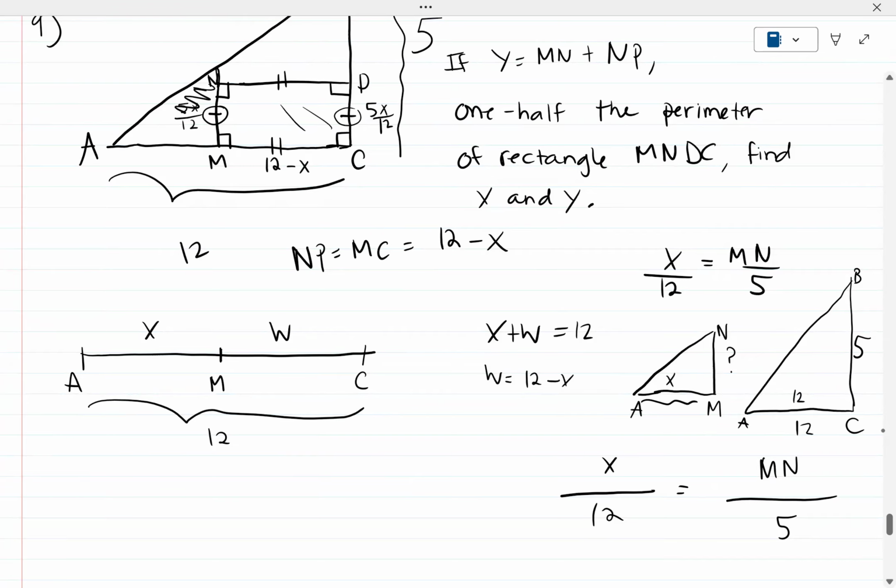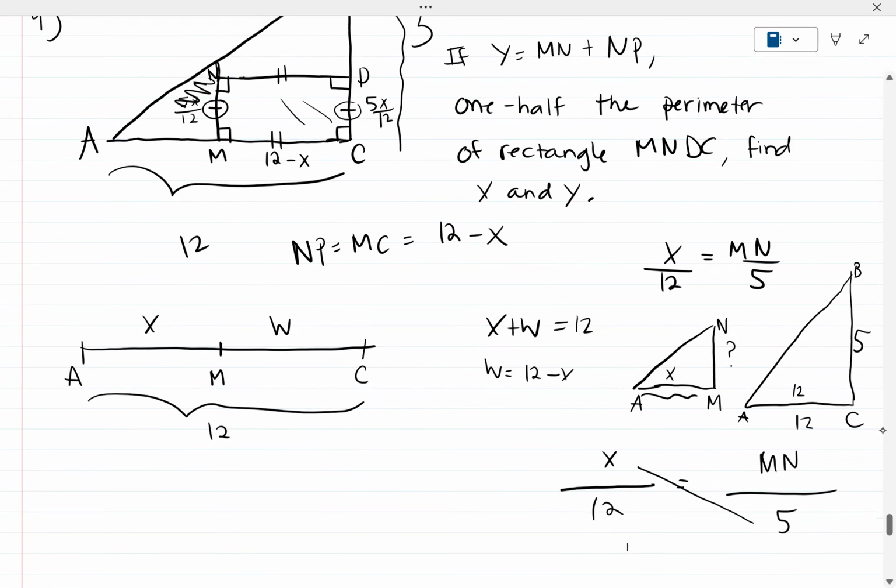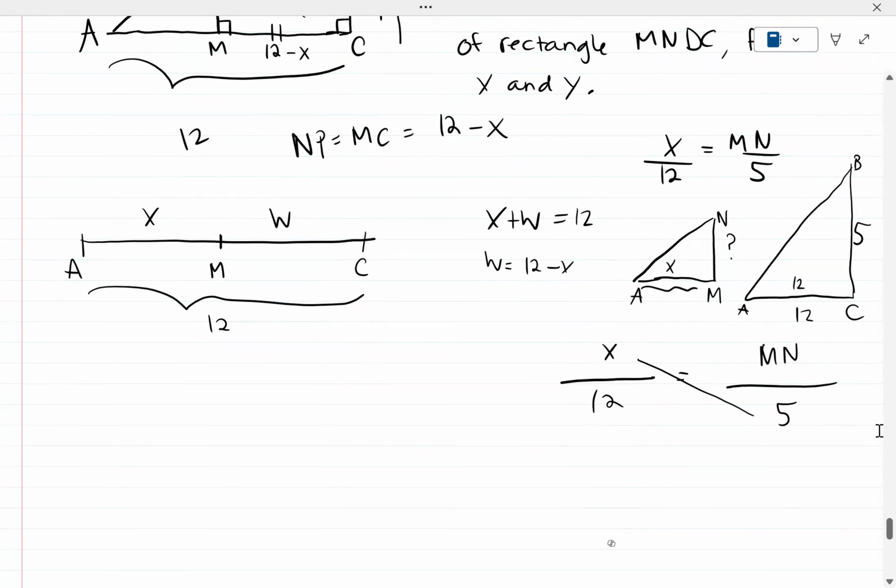Now what I'm going to do is cross multiply, so 5 times X is 5X, and 12 times MN is 12 MN, and then divide this by 12. So MN.